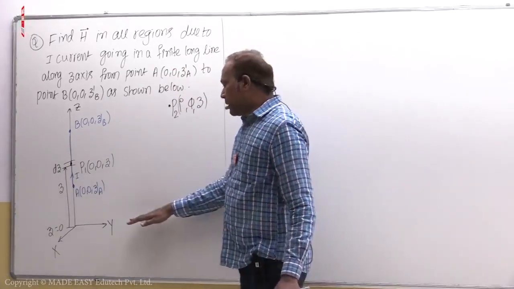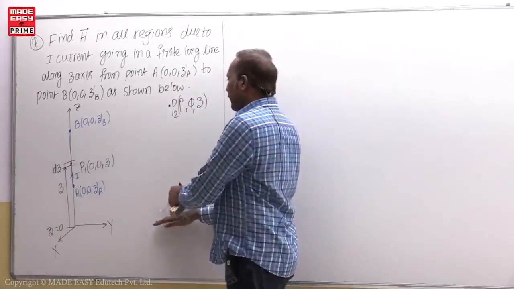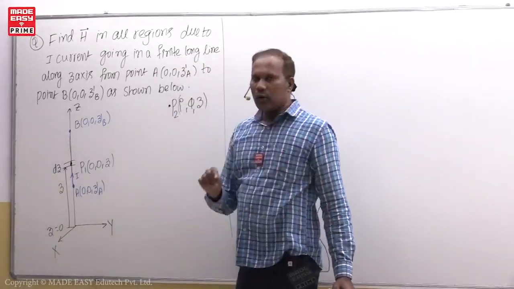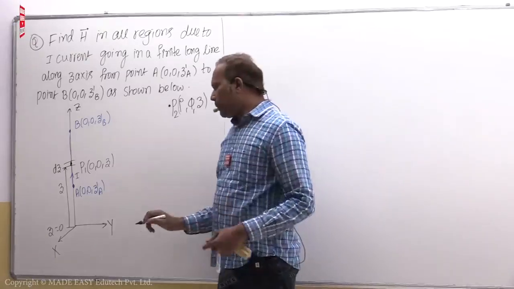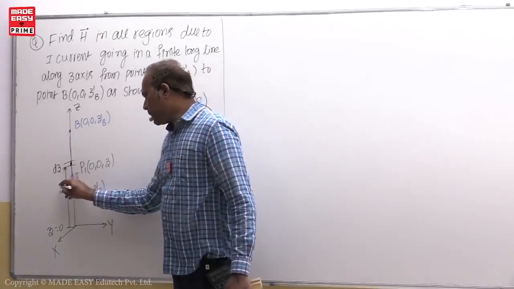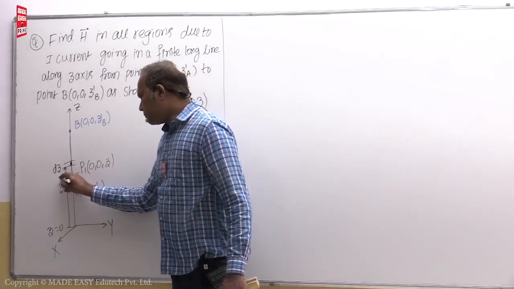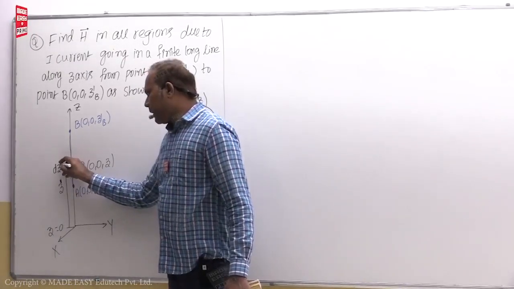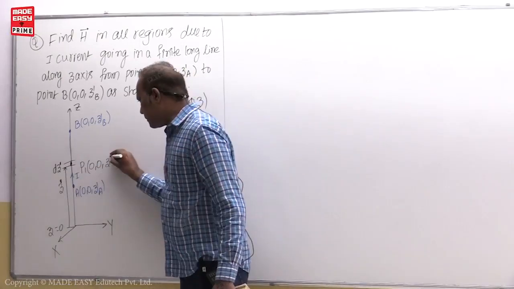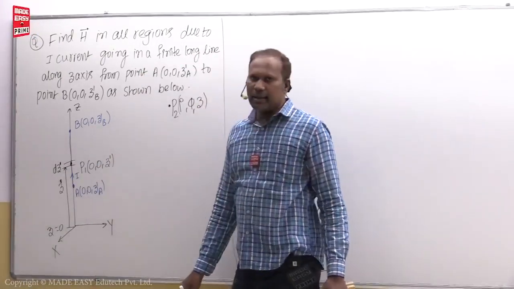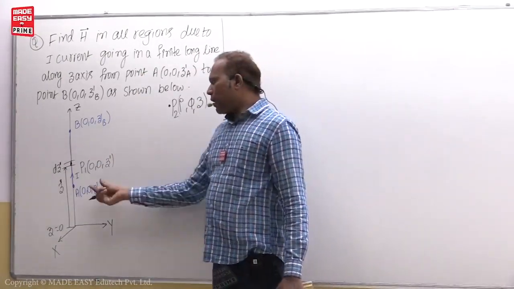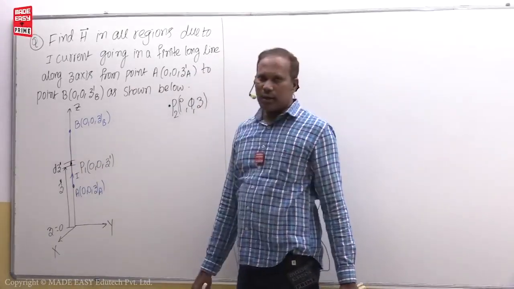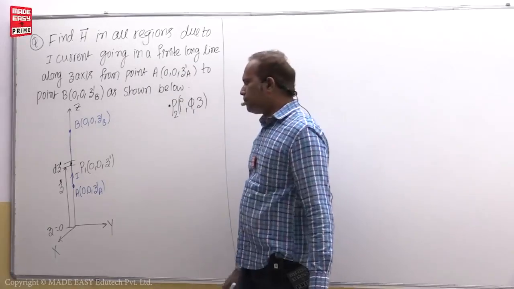You can't take the same parameter for different heights. This is a different height, that is a different height. We have to change one parameter. So I am taking this as z dash height. Then at z dash height I have selected here, replace z with z dash. So the dash symbol is used for the source location, the current source location. Simply z height is used for the field location.